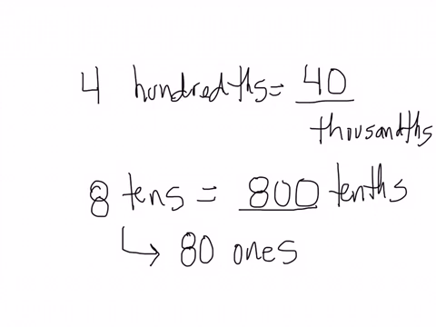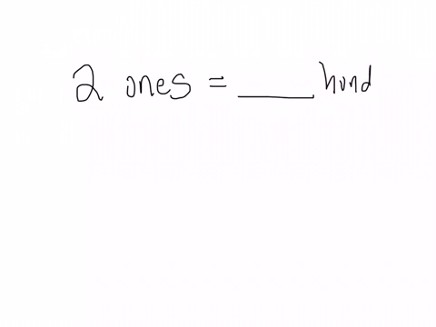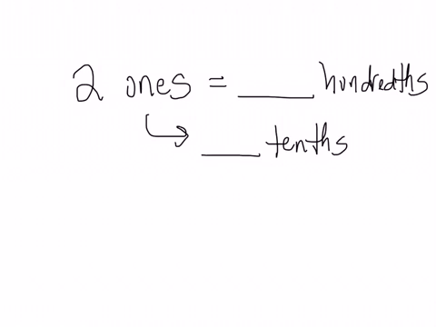Okay, 2 more to go. I'm going to clear this off. All right, the next one is I start with 2 ones, and I am going to hundredths. Again, I've got an intermediate stop here, so I need to take the ones and break that into tenths, and then take the tenths and break that into hundredths.